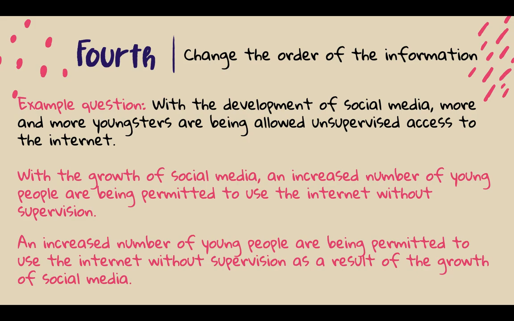Here we have a much more effective paraphrased sentence because not only have we demonstrated our vocabulary by finding synonyms, we also demonstrate our understanding of the sentence by changing the order of the information.